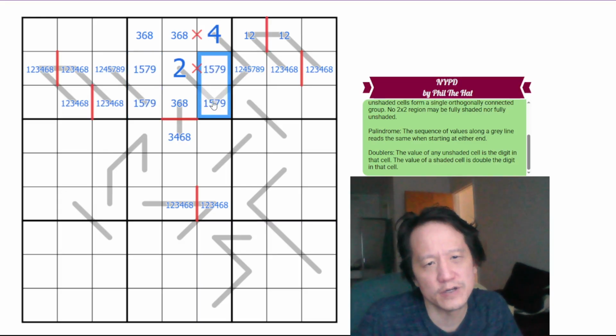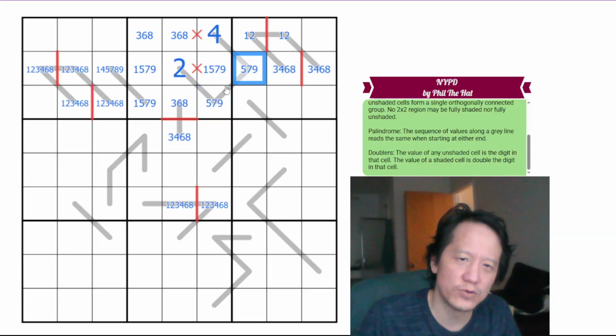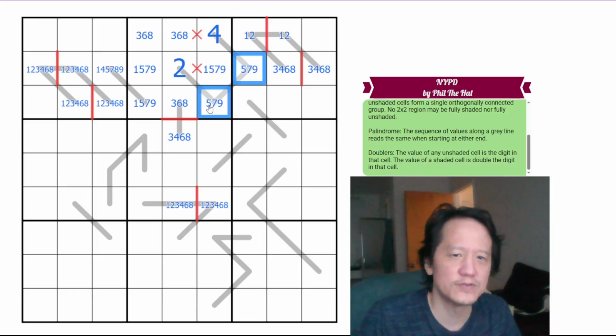This can't be 2. No 1 and 2 here. This can't be 4. And this can't be 1 because it can't be 4 doubled or 4 halved. So this is definitely 5, 7, 9.